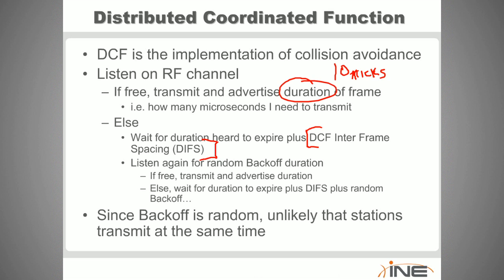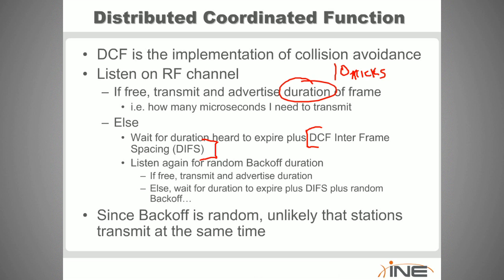A DIFS is basically some additional padding to make sure that we're really giving them enough time for the frame to get there and then for the acknowledgement to happen. So at a minimum, everybody has to wait at least the duration plus the DIFS. But in addition to this, everyone figures out a random backoff time, or a random amount of ticks, that they're going to wait in addition to the duration and the interframe spacing.